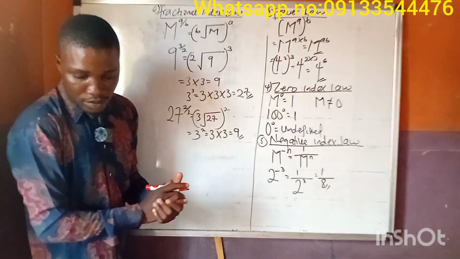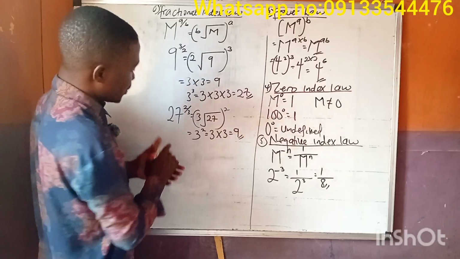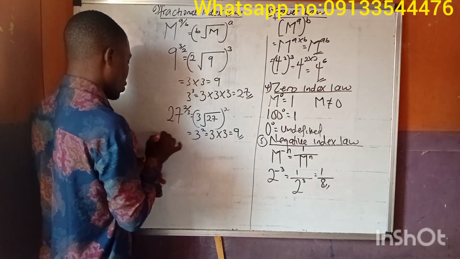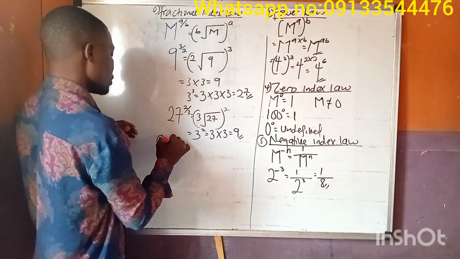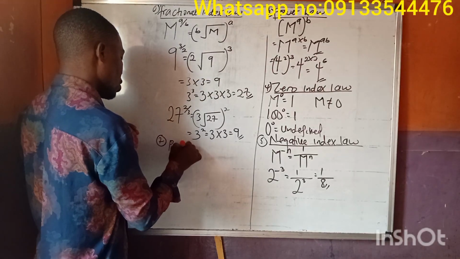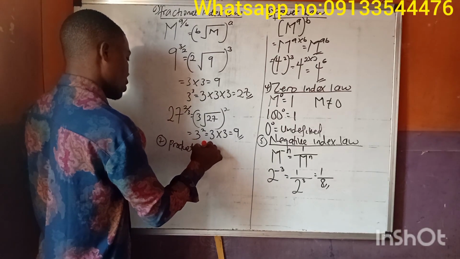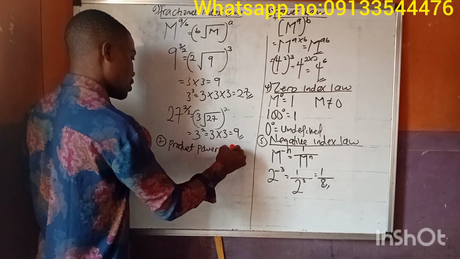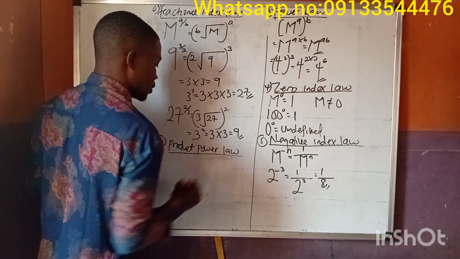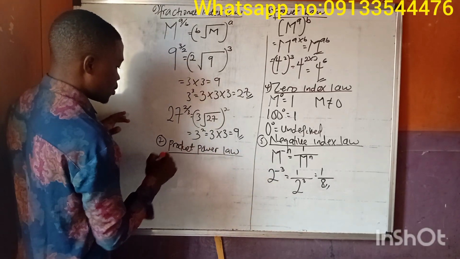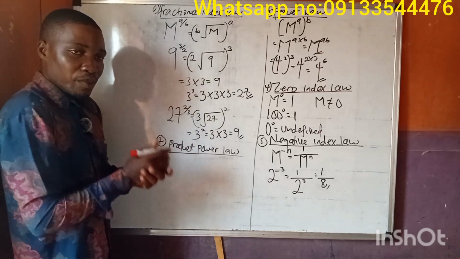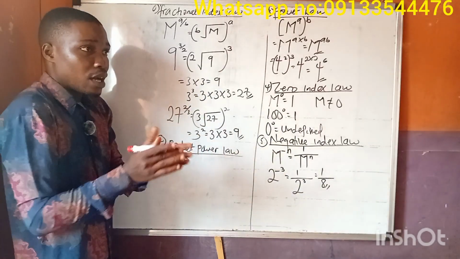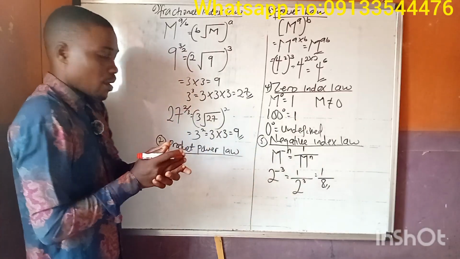The seventh law, which is the last law we'll be looking at, is the product power law. The product power law is saying that, let's say you have 3 to 4 numbers multiplying each other, then raised to any given power.